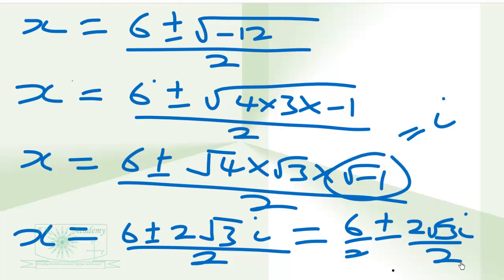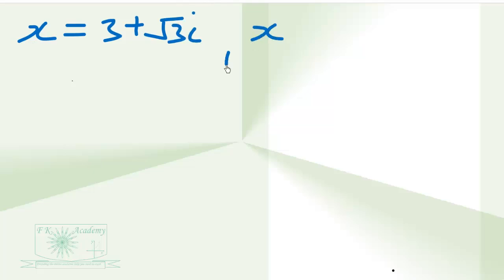And that gives us 3 plus or minus root 3i. And this implies that we have x equal to 3 plus root 3i, or x equal 3 minus root 3i.